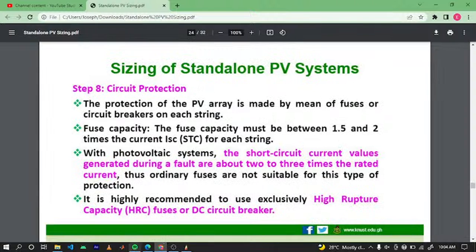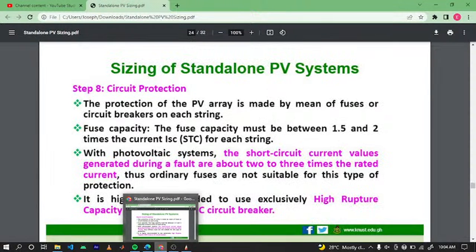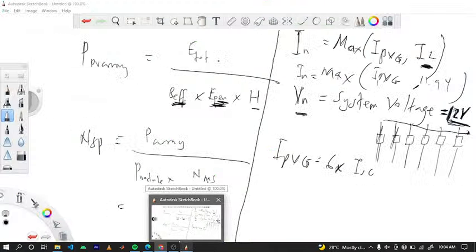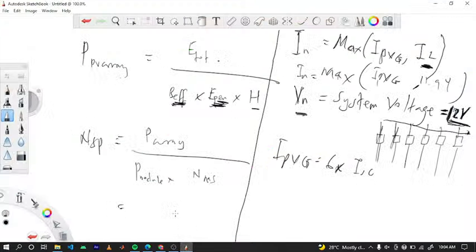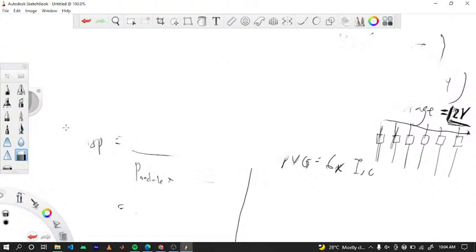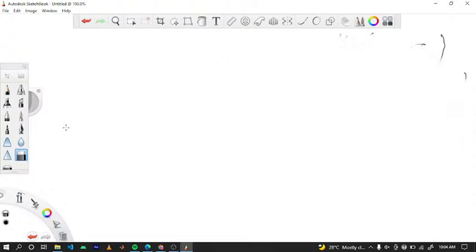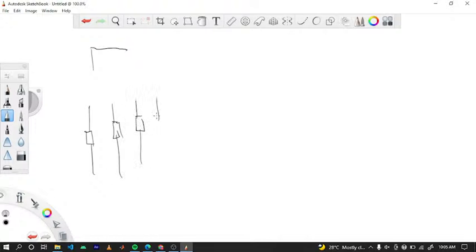And the next thing is providing protection for the circuits. Now, we must provide three kinds of protection. We have a certain number of strings in parallel.